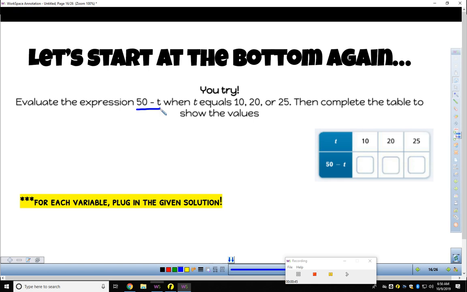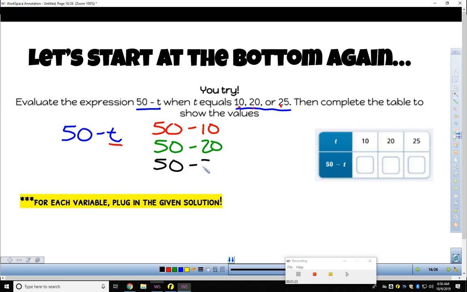The idea here is, if you have an expression and they tell you to check the value of the expression with different values for the variables, essentially what they're asking you to do is take this variable and plug in each value. So the first one would look like that. And then you would have one that looked like that. And then you would have one that looked like that.